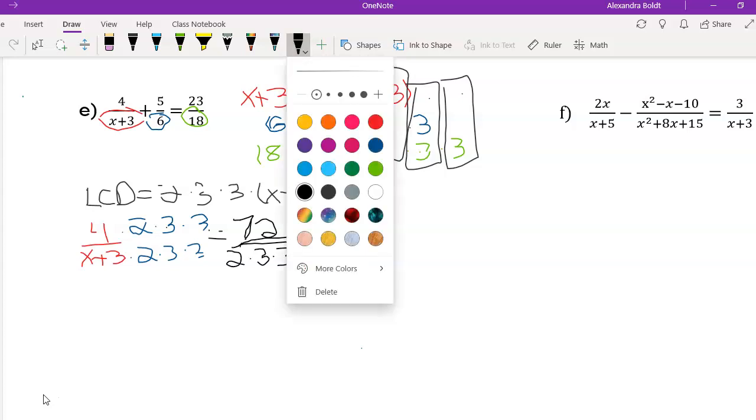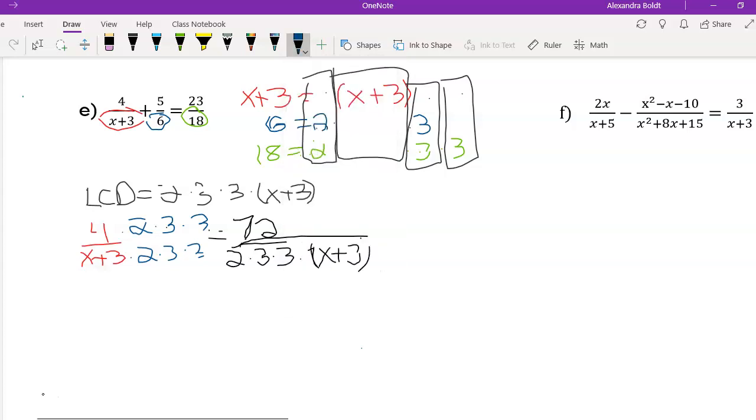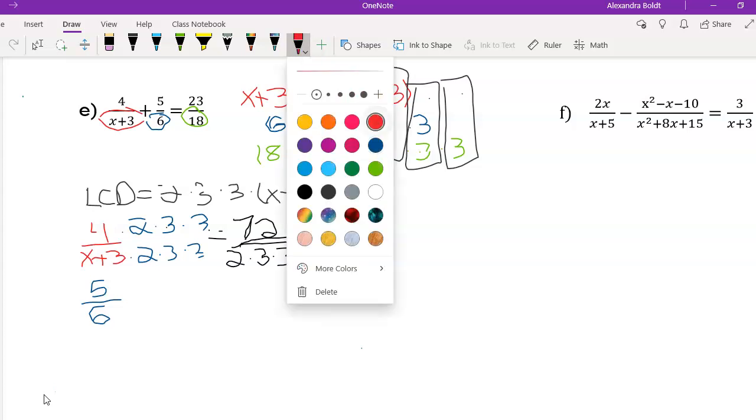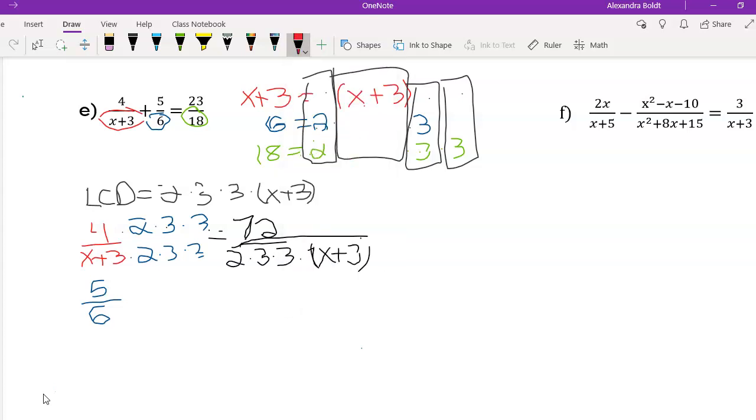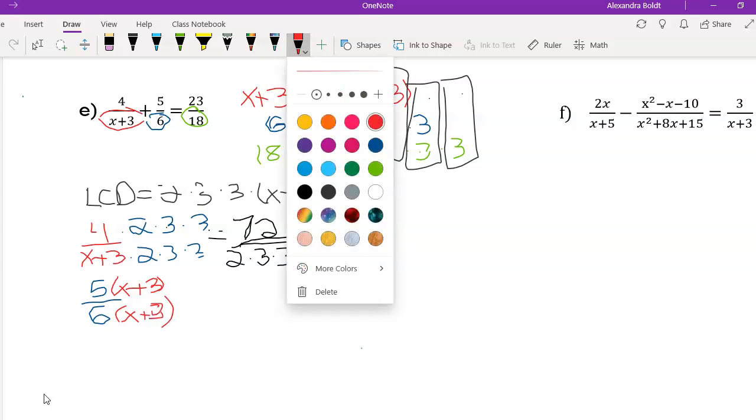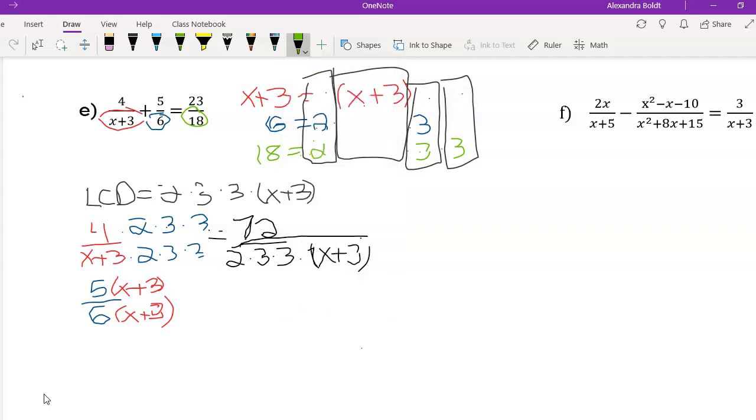Okay, so for our next fraction, we have 5 over 6. And we are missing this x plus 3, and this other 3, right?